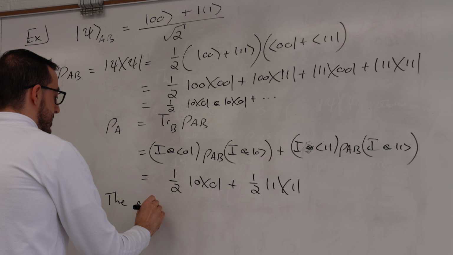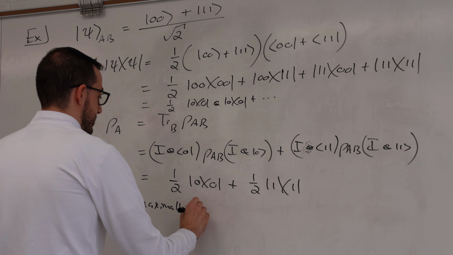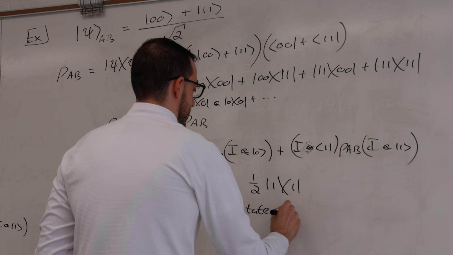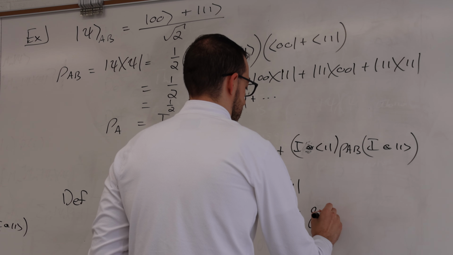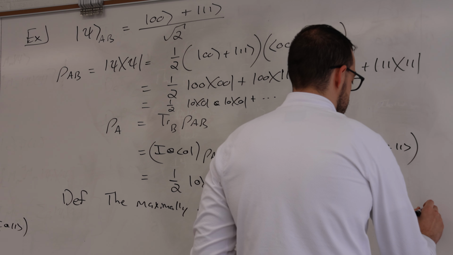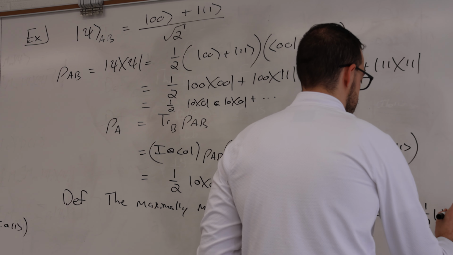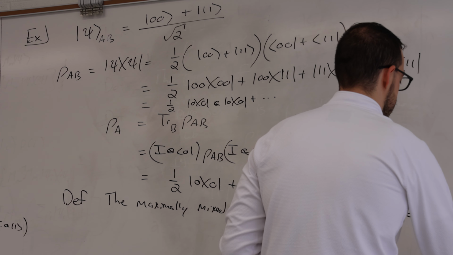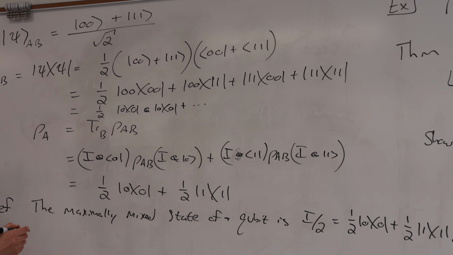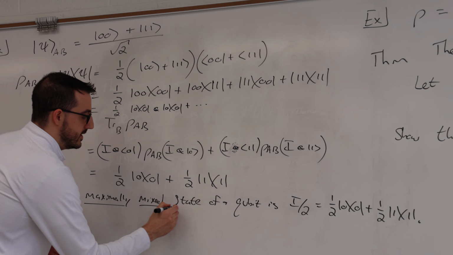The maximally mixed state of a qubit is identity over 2, which of course you can write in the same way using the resolution of identity, 1/2 |0><0| plus 1/2 |1><1|.